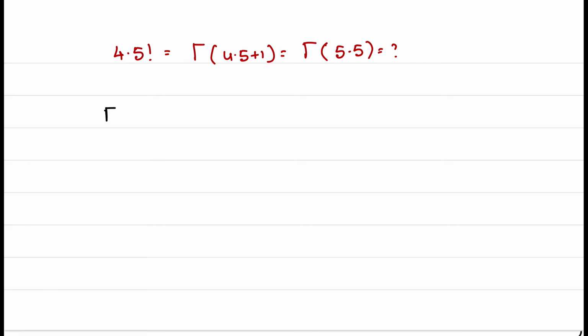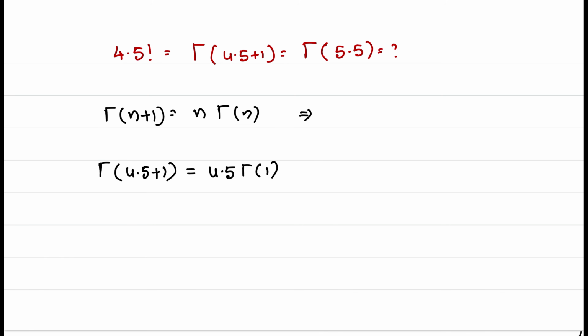But we know that gamma n plus 1 is equal to n into gamma n, which implies gamma 4.5 plus 1, that is 5.5, is equal to 4.5 into gamma 4.5. Do you agree? What is gamma 4.5?